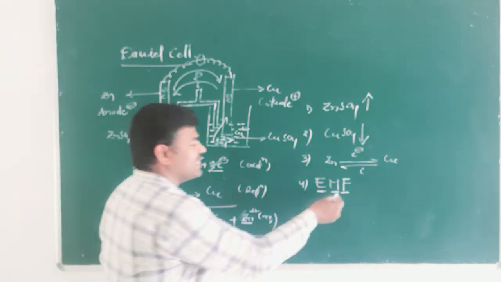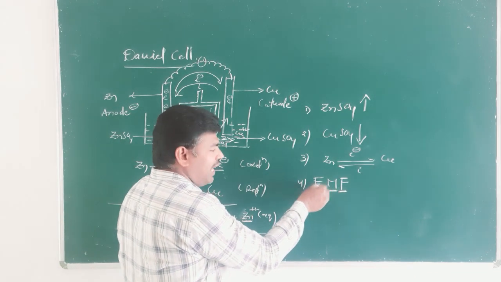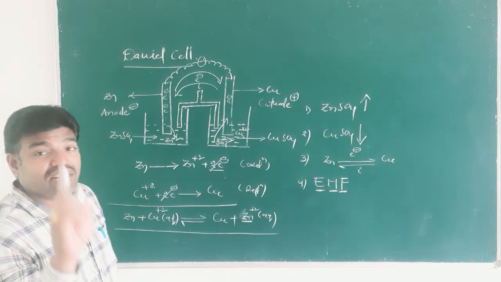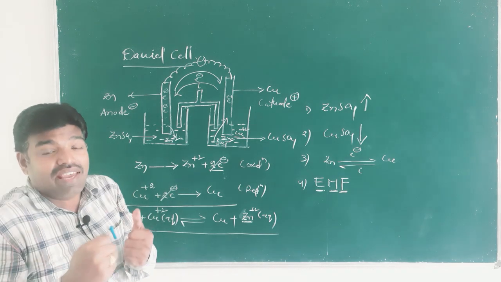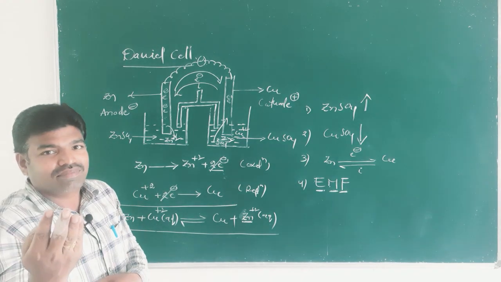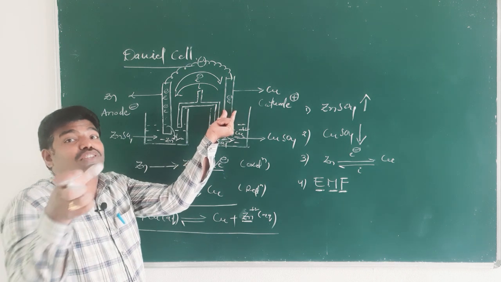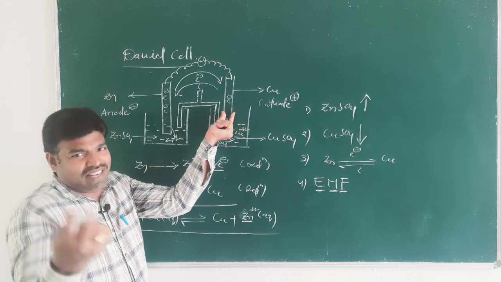So EMF is a force to motivate the electrons towards higher potential, where the positive charge is high. This is the electrode with more positive charge. So this electrode has more potential.